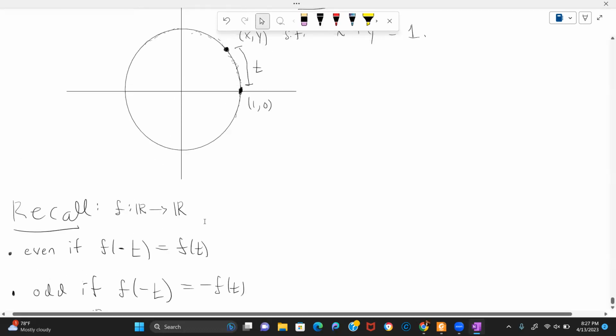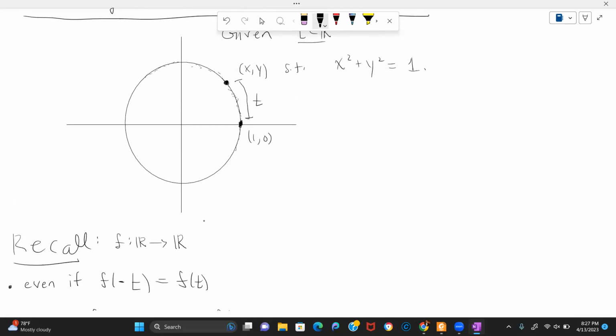Given a t value, let's say it determines this point right here on the unit circle. If this corresponds to traveling t, then negative t means you travel in the other direction, and maybe you land right here.